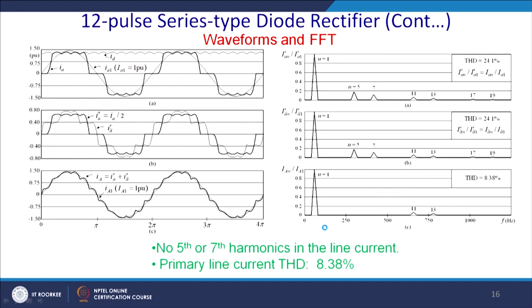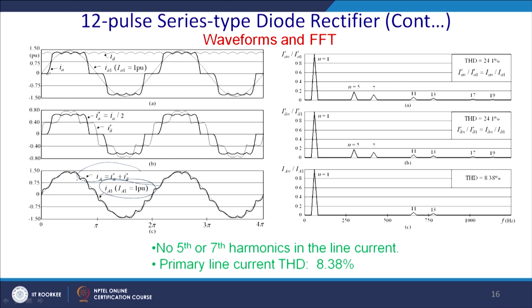This is the waveform for the first converter, that is IA, and for the primary, this one will be essentially IA prime, and ultimately these have to be added up. If you add up this waveform and this waveform, you get this waveform as your input.